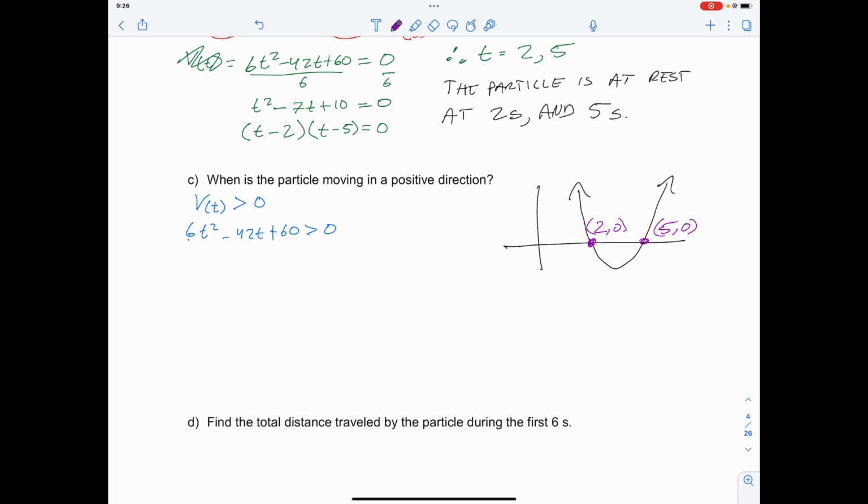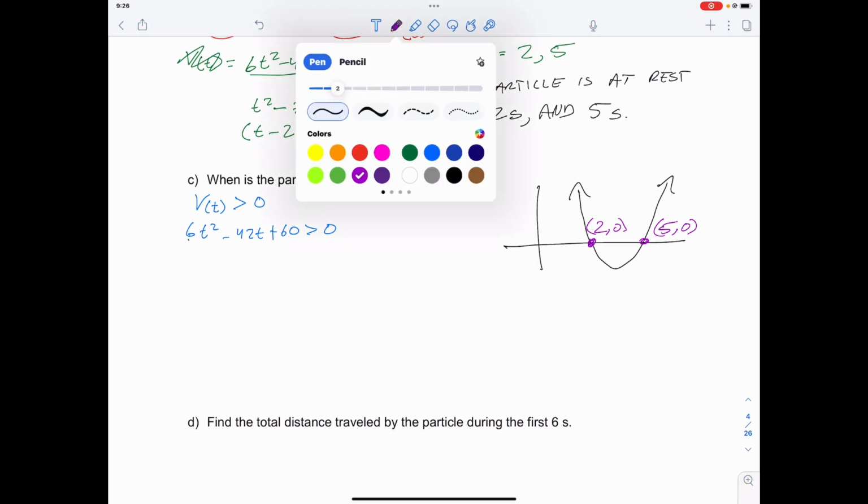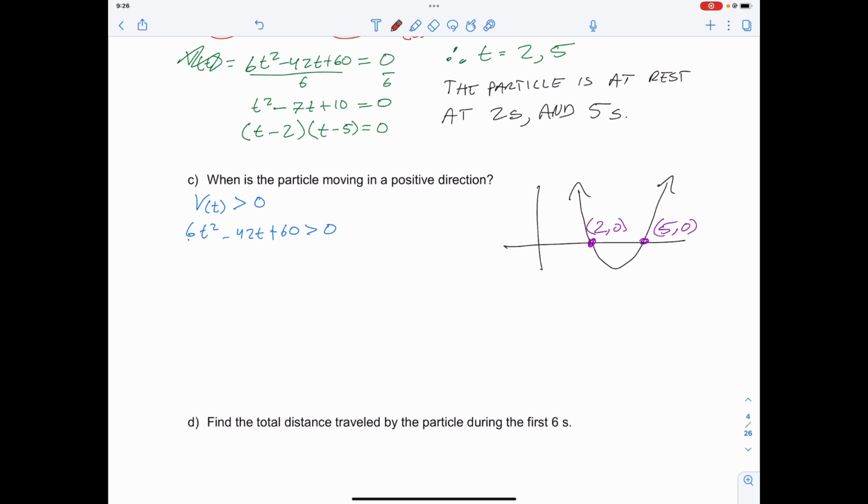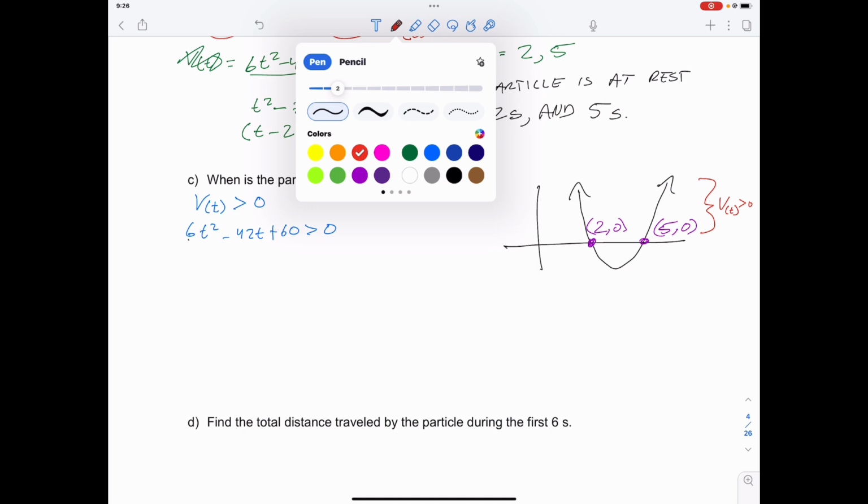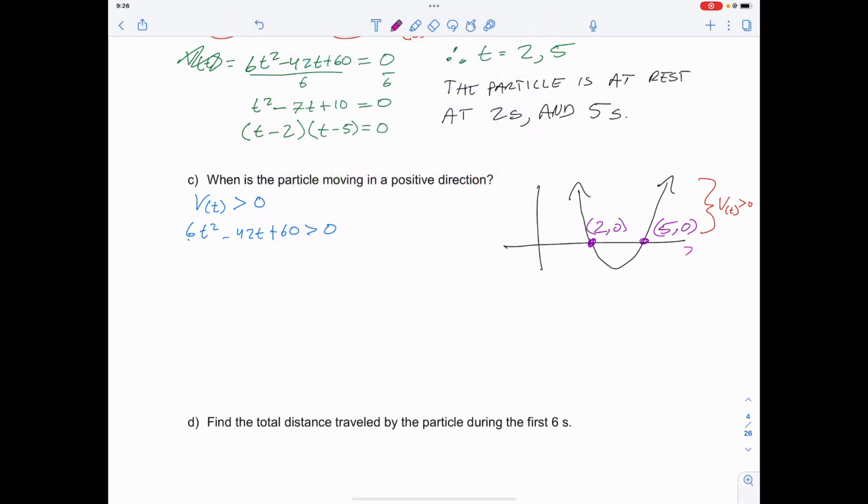Now, we can tell that from this, there's going to be two sections. There's going to be the section where the velocity is greater than 0, and the section where the velocity is less than 0. So from this, I can tell that the velocity is greater than 0 here and here.